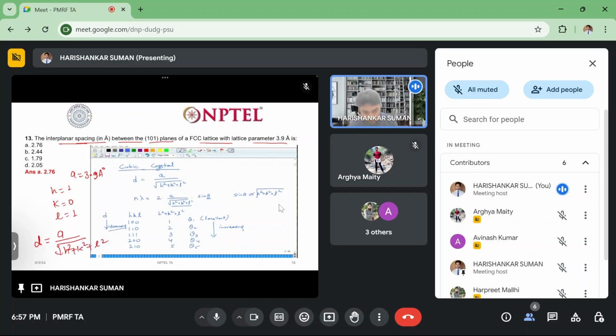We can apply this formula, so please put the value in this formula.